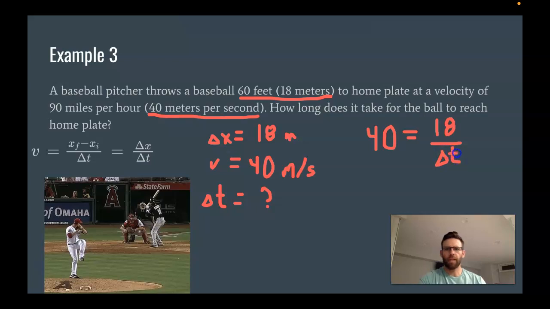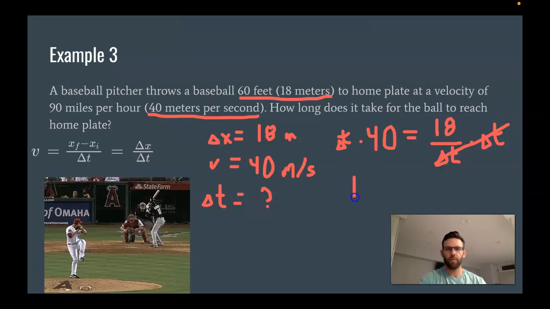All right, you might have to do a little bit of manipulating of this equation, but basically if we rearrange this, we can multiply both sides of the equation by this change in time. So I multiply this side of the equation by change in time. I multiply this side of the equation by the change in time. And so these will cancel out.